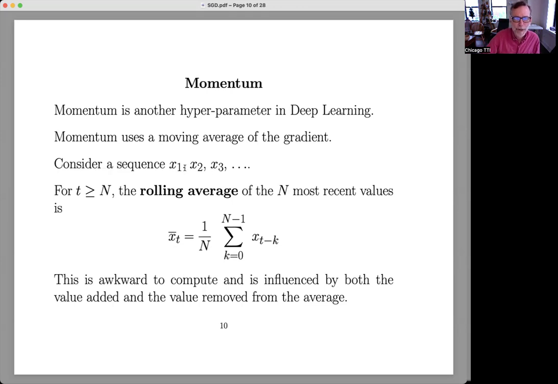These moving averages are used all over the place in deep learning, so it's important to understand the general concept of a moving average. To understand the general concept, I'm going to think about a general sequence, x1, x2, could be anything. These could be vectors, they could be numbers.